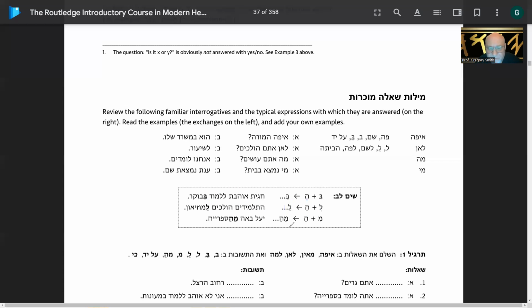Okay, so now we've got meha, and I think that is "from the", because the mem means "from" as a preposition, and then the hey is a definite indicator, meaning "the", not "a", but "the". So meha. Okay, so Yael ba'a, I think that's ba'a. Yael is, I think it's like coming or going.